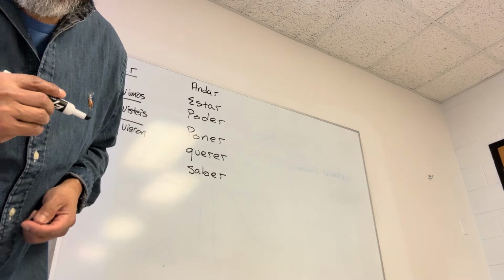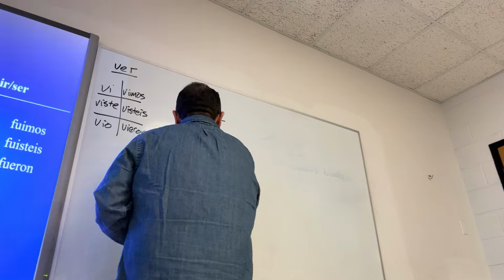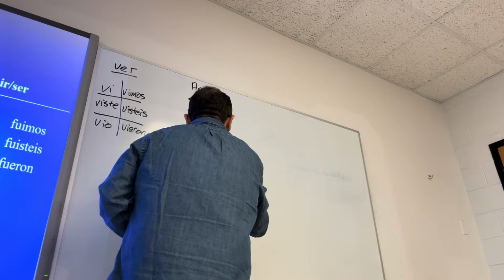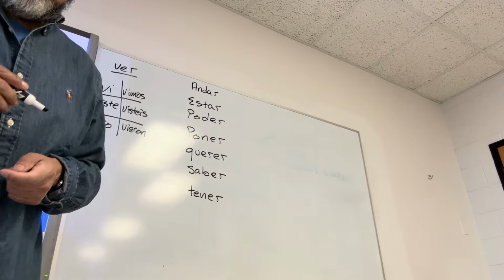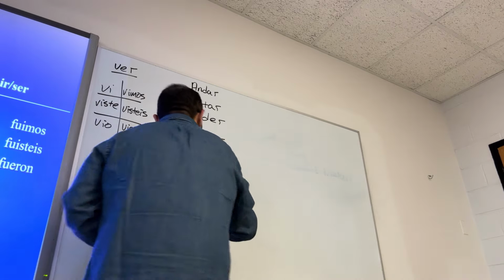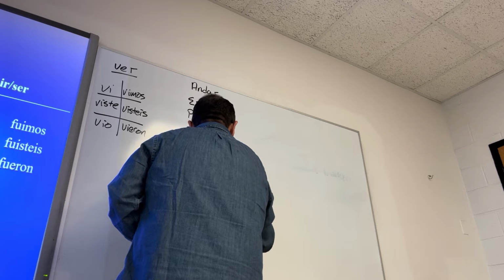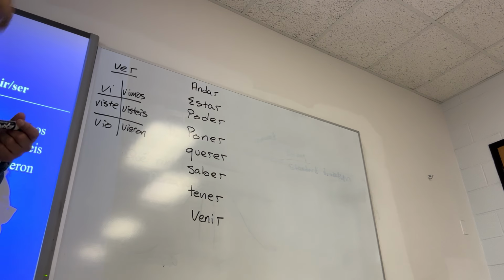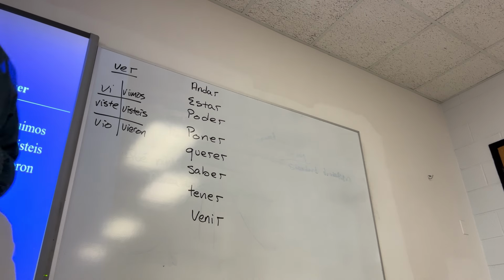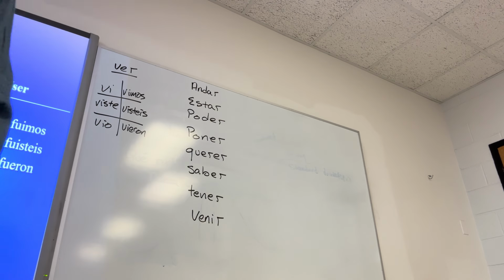What's the next two? Tener. What is tener? To have. And then venir. Venir, to come. Yep. Okay. Now, oh, they put them up there.